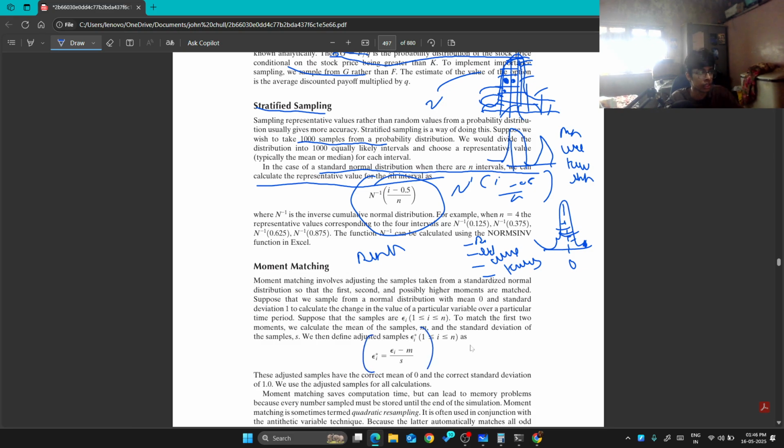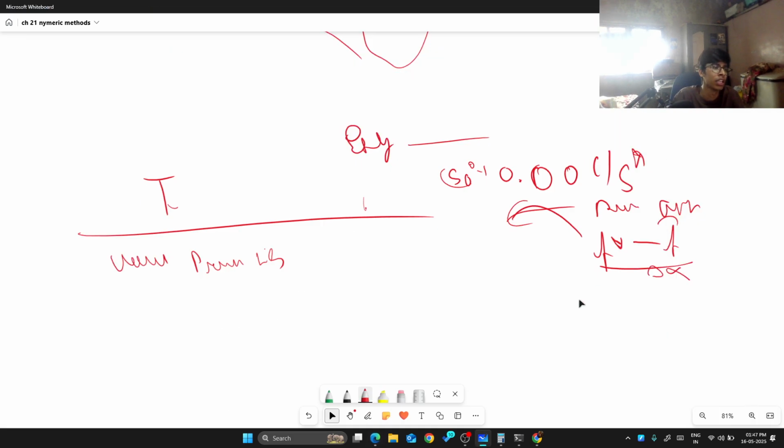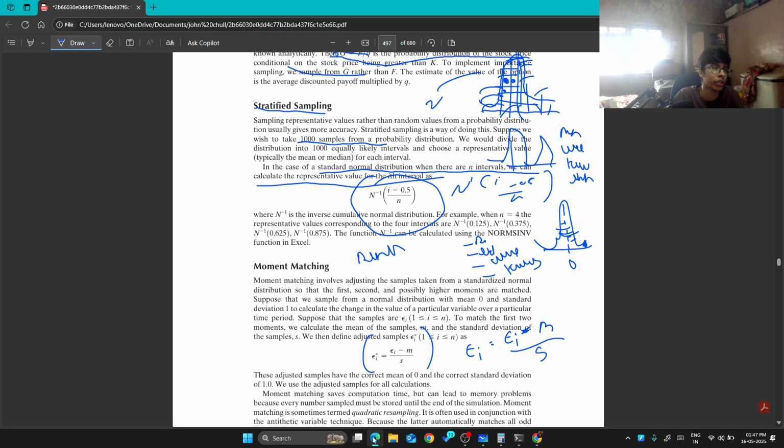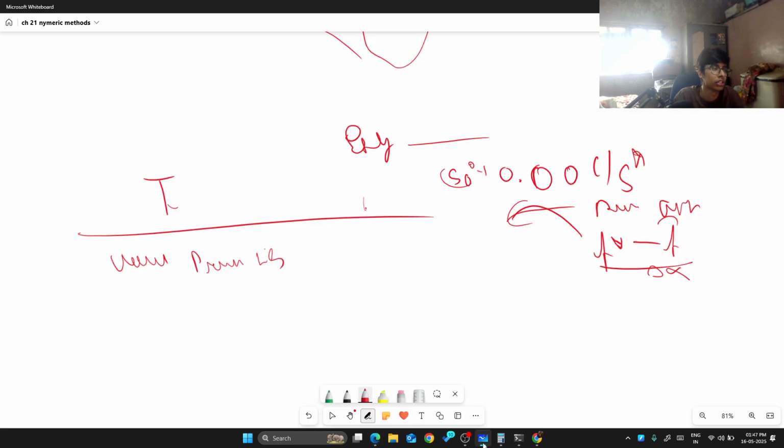It is a very simple formula for moment matching, where we take the value from the distribution, subtract its mean, and divide by its standard deviation, so we normalize it. This is also called normalization, right?